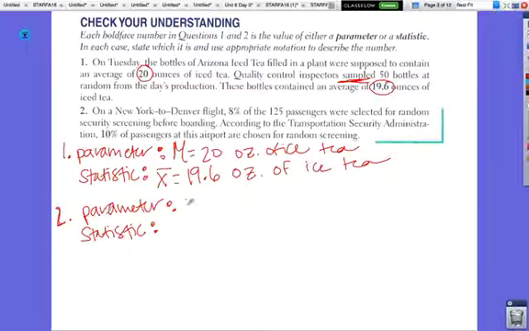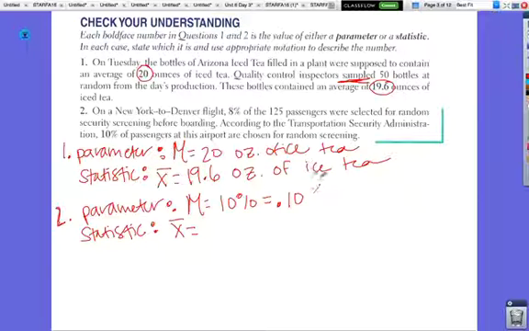So the notation for a parameter, because a parameter has to do with the population, is going to be mu. And the notation for a statistic, because it has to do with a sample, is going to be x bar. So the mean for the parameter has to do with the mean of the population. So our mean for the population is going to be the 10% of the passengers at this airport.